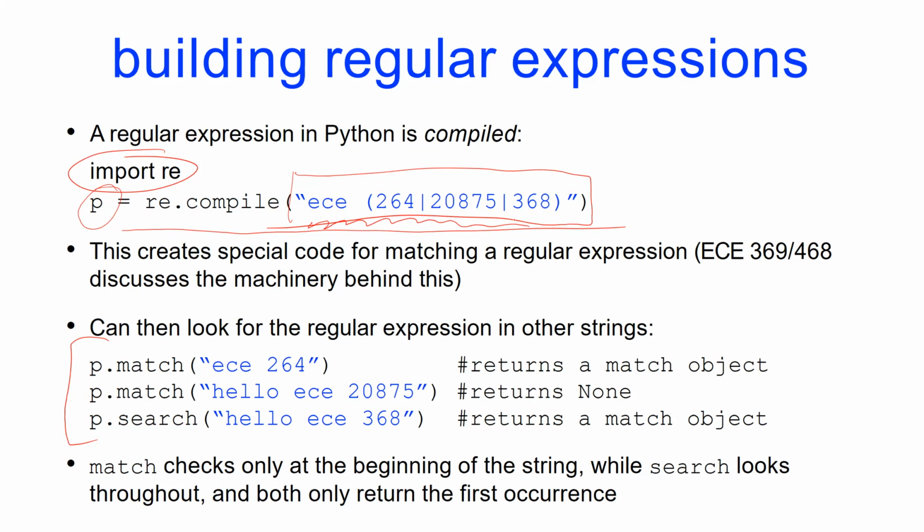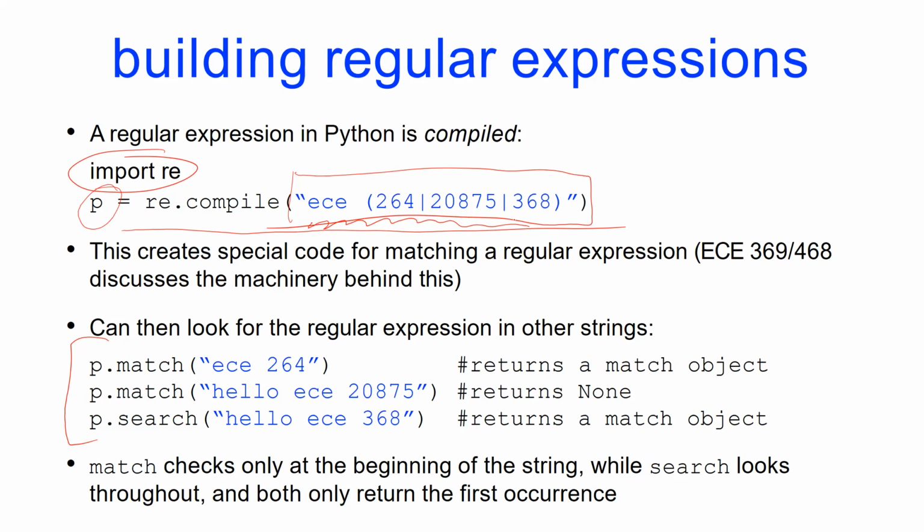It specifies a pattern which has ECE, then white space, then one of the 3 choices: either 264, 20x75, or 368. Any of these 3 followed after ECE will be the pattern we are interested in.